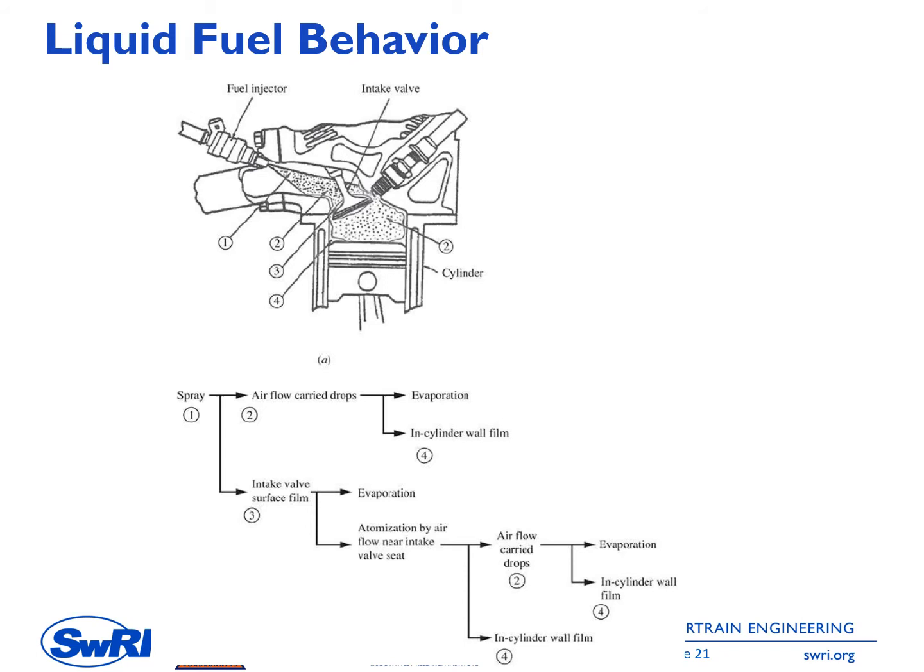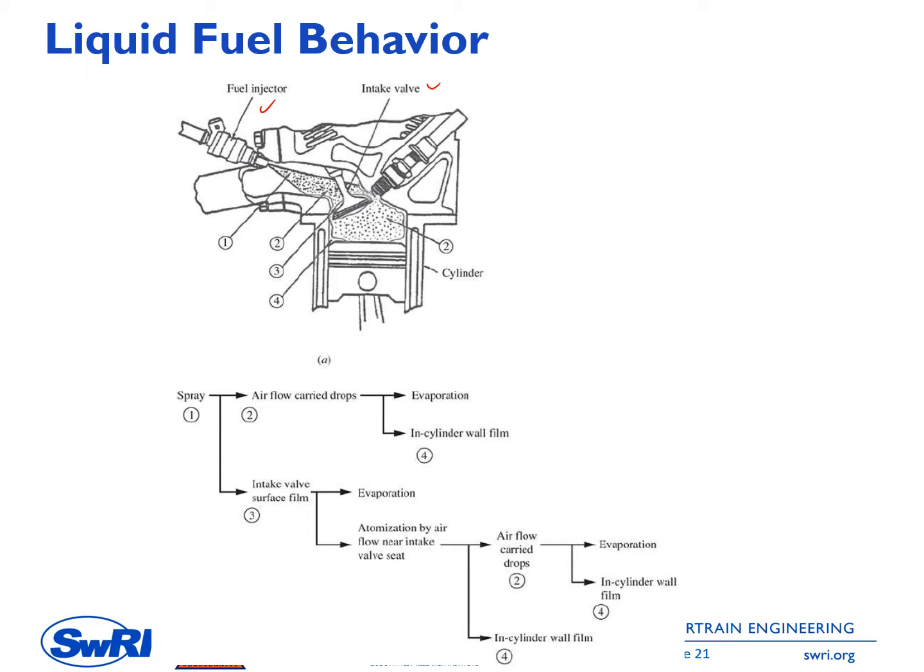This figure shows the detailed schematic of the liquid fuel behavior. So we have a PFI again, injected upstream of the intake valve. This is the intake valve and this is the injector.